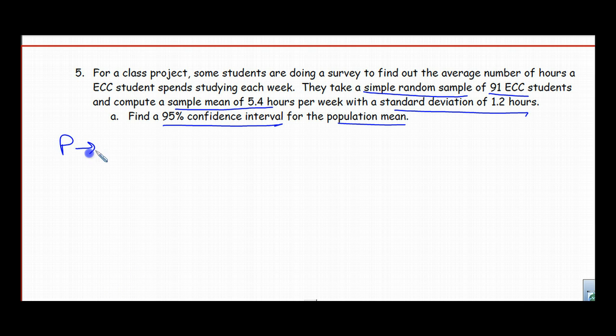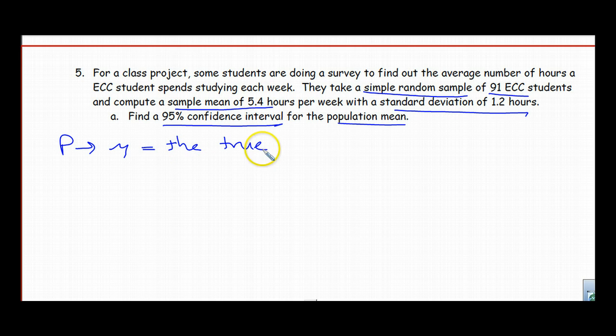Let's start. My P, it's a mean, so my parameter is a mu. Mu is going to be the true, and I'm looking to see what I'm trying to find. I'm trying to find out the average number of hours an ECC student spends studying each week.